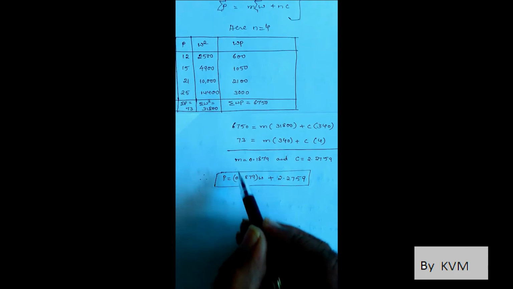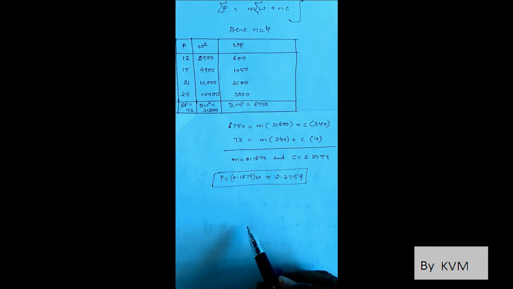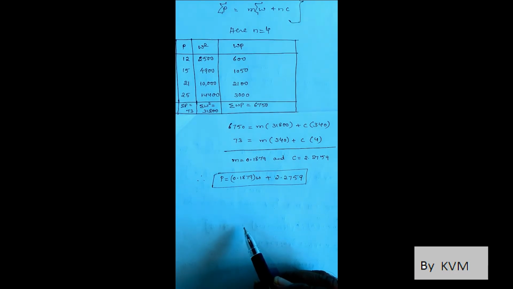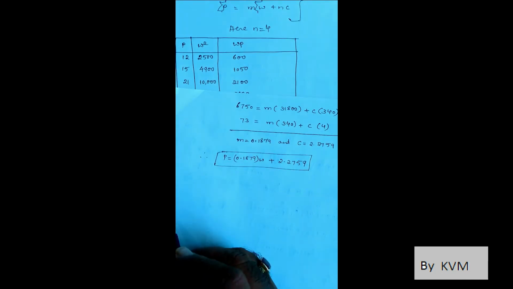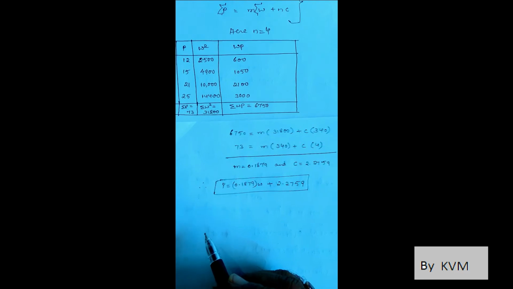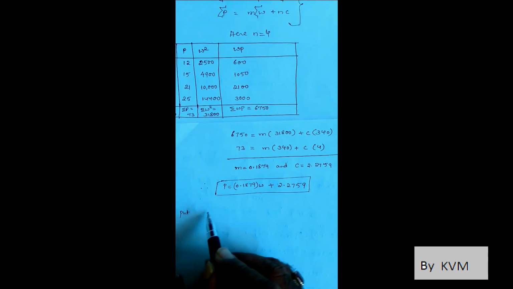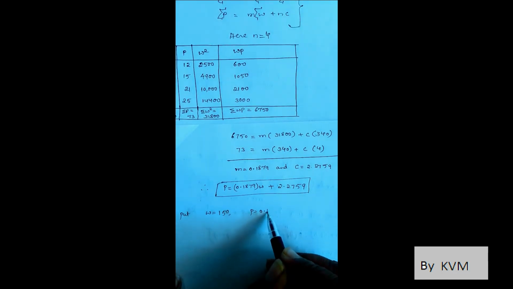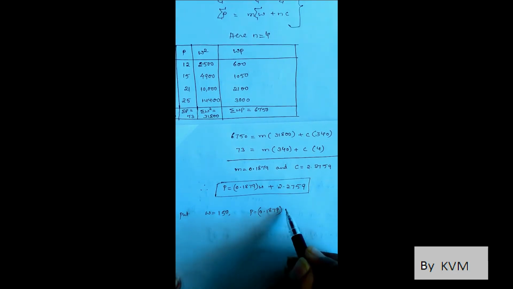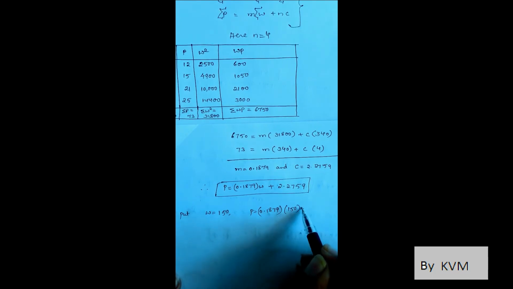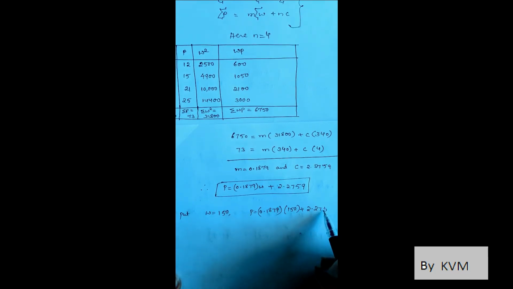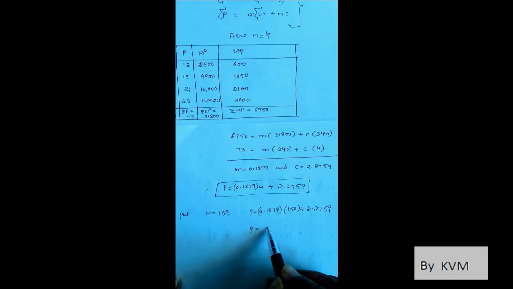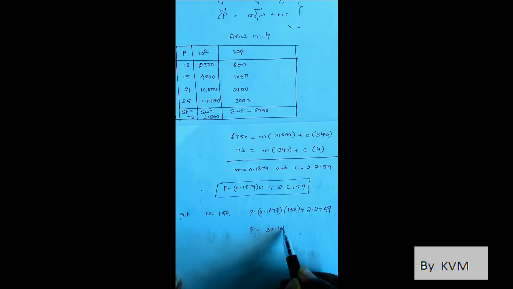So this is the linear equation for the given data. After finding the linear equation, we have to find P, that is the pull required when W equals 150. So put W equals 150. P equals 0.1879 into 150 plus 2.2759. So P equals 30.4609.